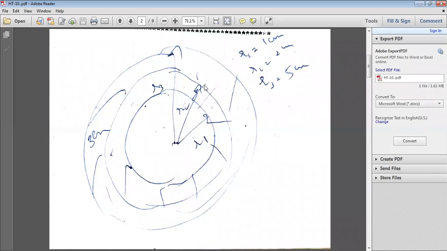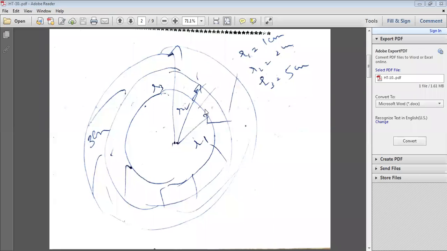Here, this is the stainless steel tube. Take the inside radius of the stainless steel tube as R1 and the outside radius as R2.